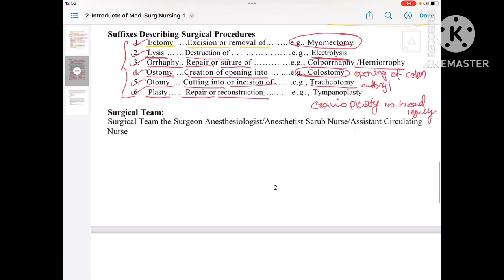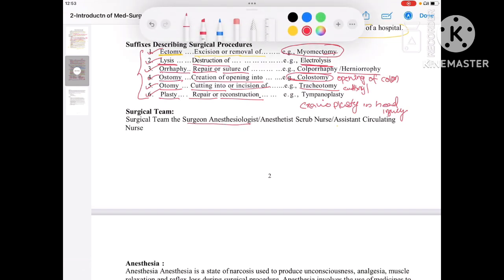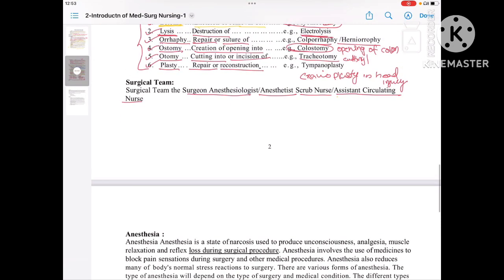Next is the surgical team. Who all come under the surgical team? The surgical team means the surgeon, anesthesiologist or anesthetist, scrub nurse, assistant, and circulating nurse.